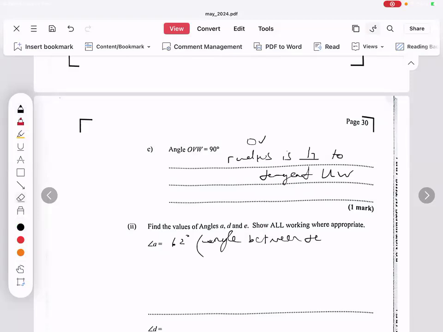Angle A is 62 because the angle between tangent and chord is equal to the angle in the alternate segment.